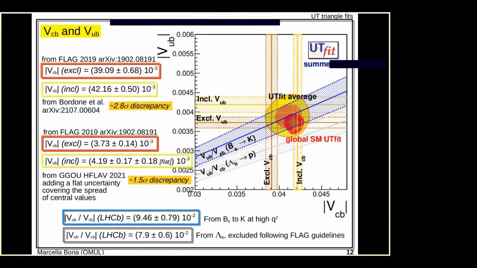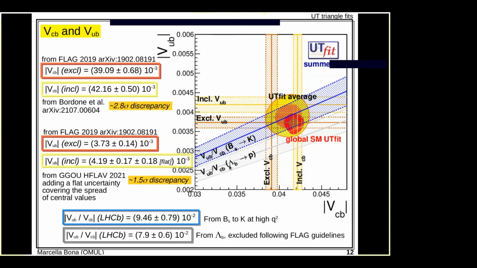Then there are two bands that are showing direct measurements of the ratio, so V_ub over V_cb measured directly. I forgot to put the absolute value, of course, over here. And this is rather new. This comes from an LHC paper that looks at B_s decay at high q squared. This comes from Lambda_b. Now, we have been excluding it so far. We're having the discussion now.